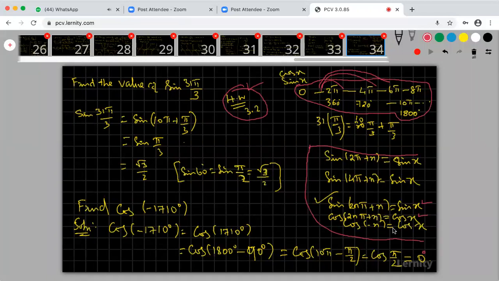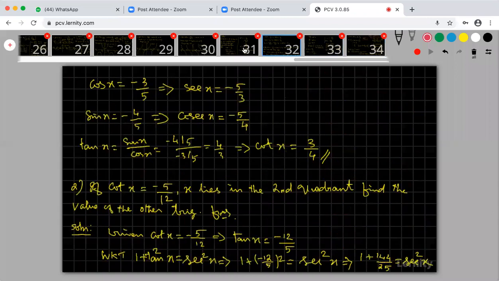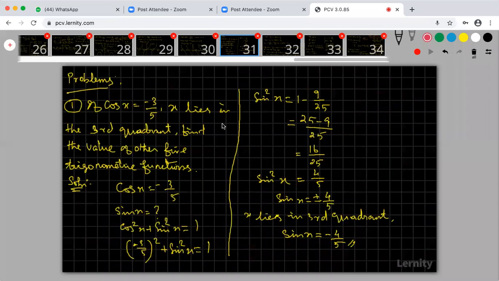Which problem? What is the doubt? What about your sin x?